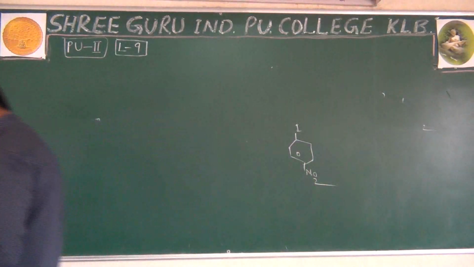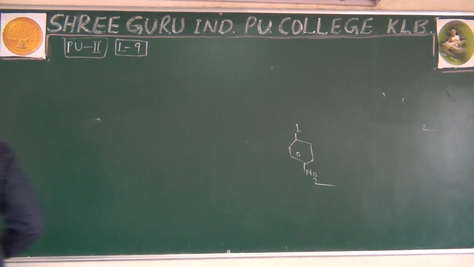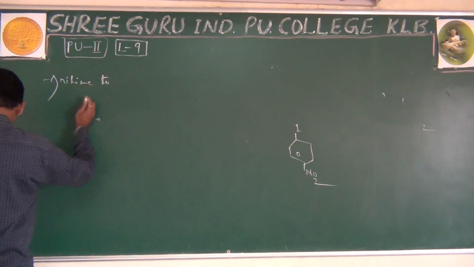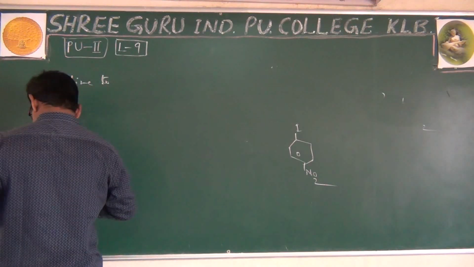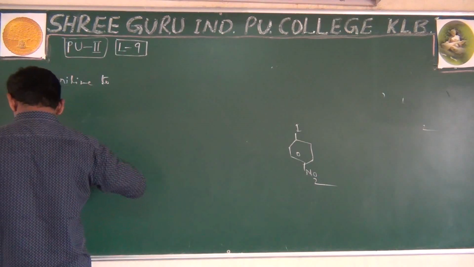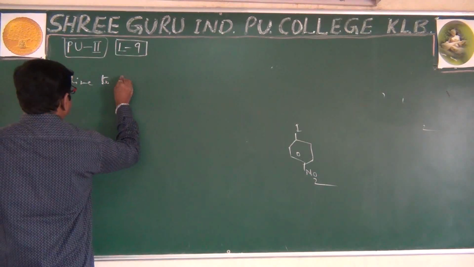Next question is aniline to 3-bromo-nitrobenzene.